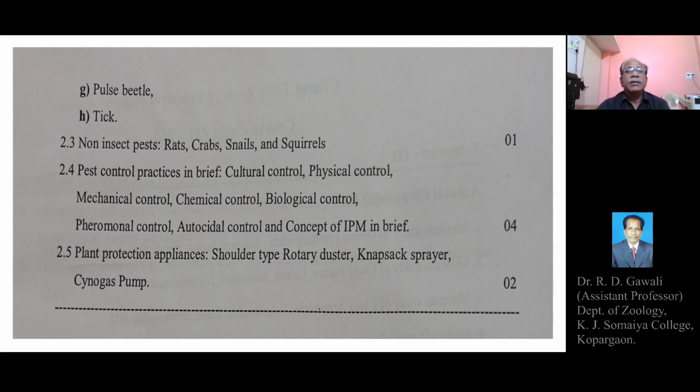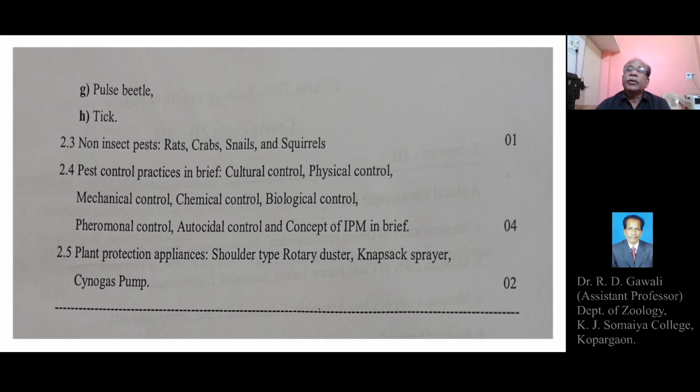So rats are very harmful for the agricultural produce and cause much loss. Crabs, snails, and squirrels. Crabs and snails are terrestrial pests. Crabs are also pests causing much loss of the paddy crop or rice fields.